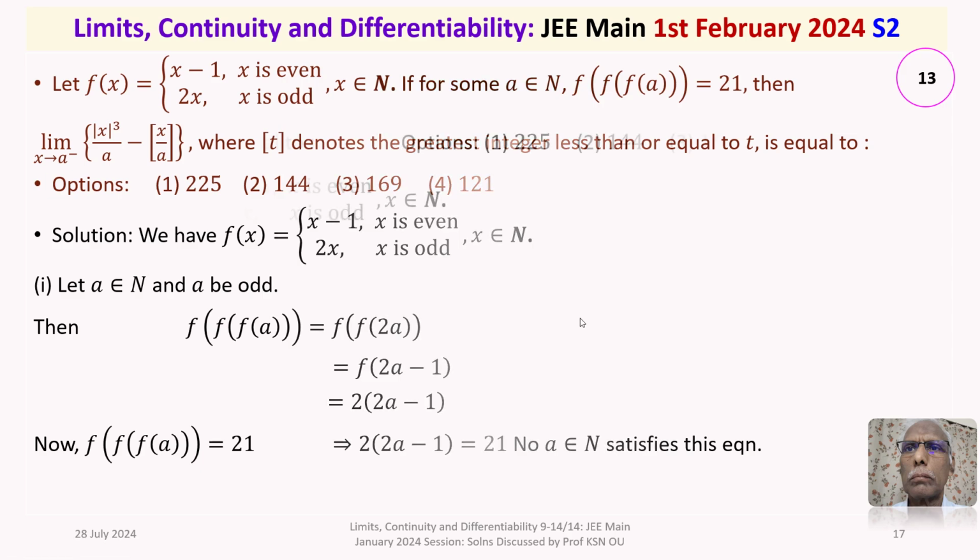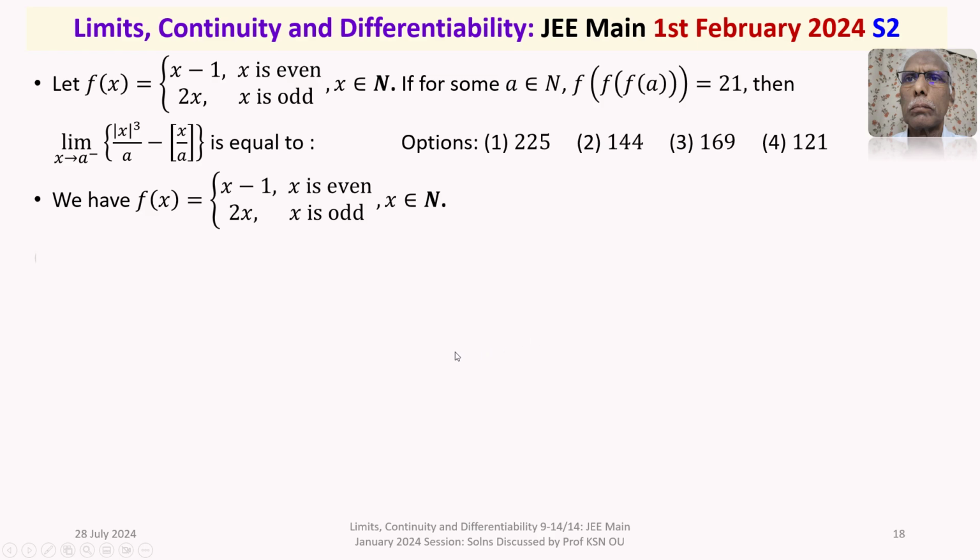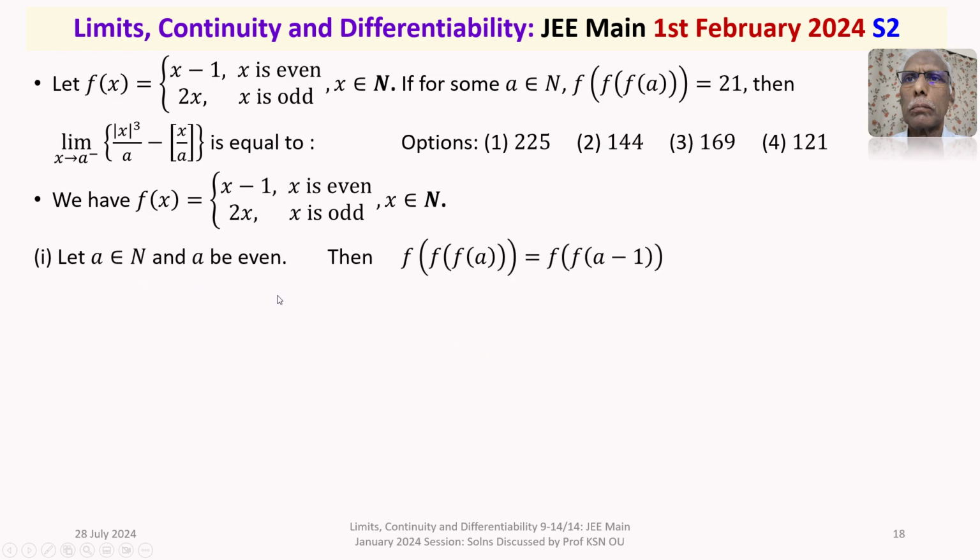Let's now move to the second case when a is even. So then f of f of f of a. When a is even, the innermost f of a is a minus 1. So it will be f of f of a minus 1. When a is even, a minus 1 is odd.